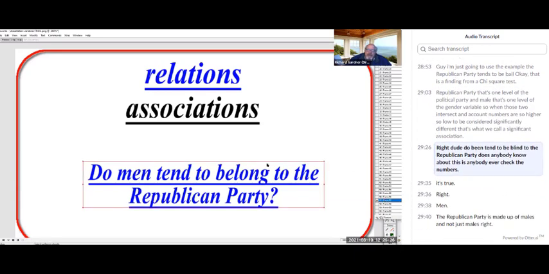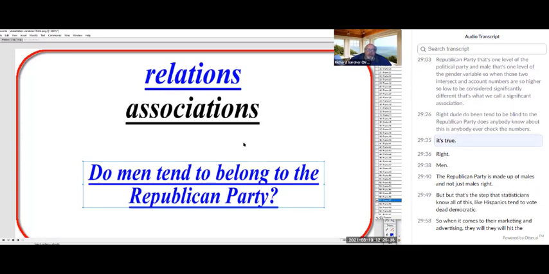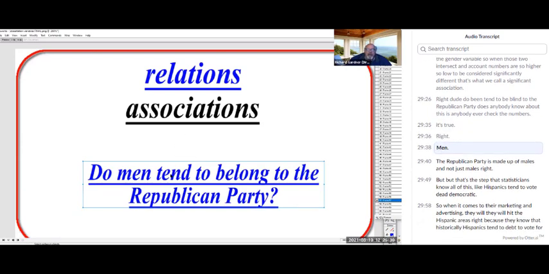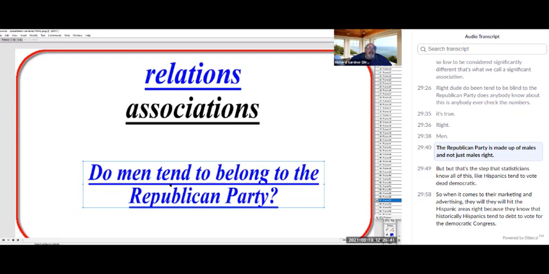Right, do men tend to belong to the Republican Party? Does anybody know about this? Has anybody ever checked the numbers? It's true, right? The Republican Party is made up of males.